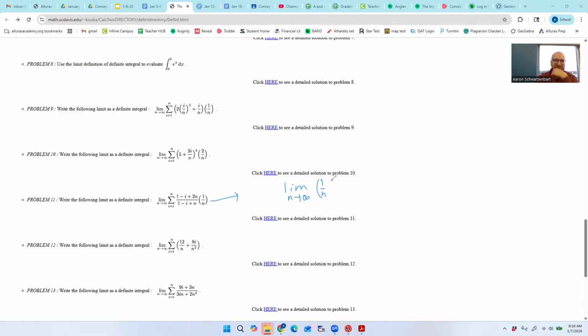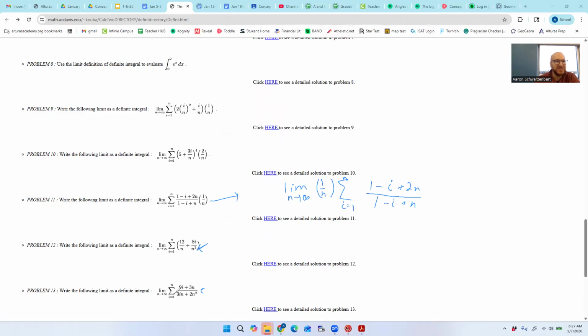For whatever reason on the test, they don't give the limit part. Okay, looking at some of the other ones here, these ones you can factor an n out of your denominator to pull it to the front.